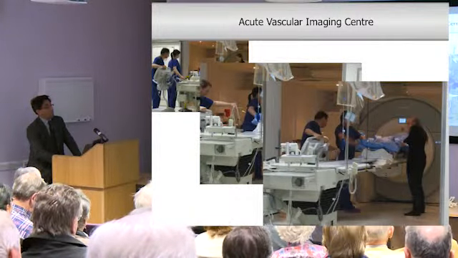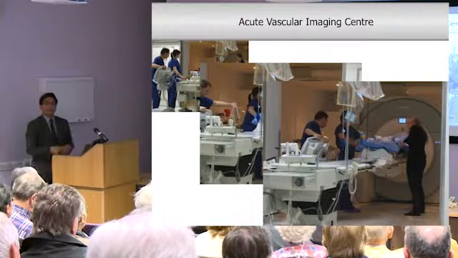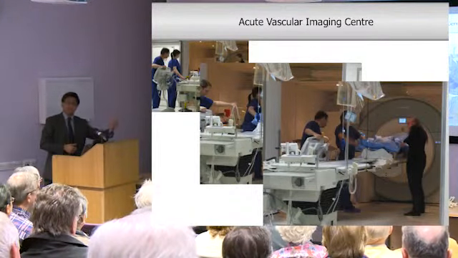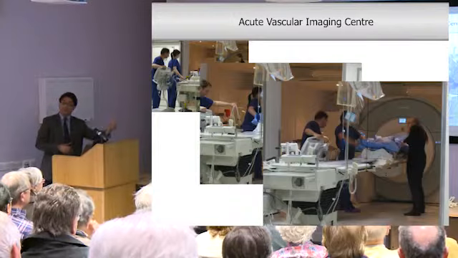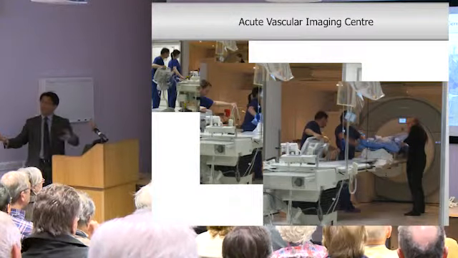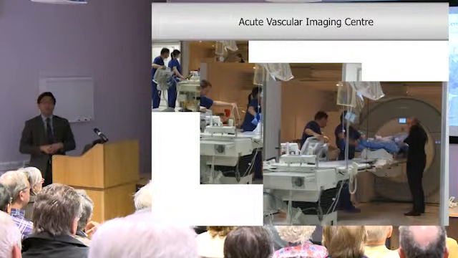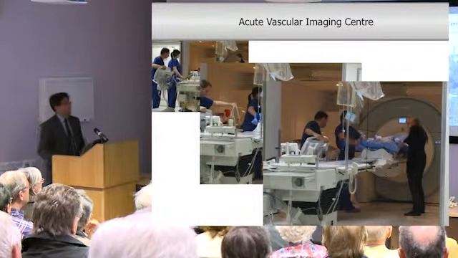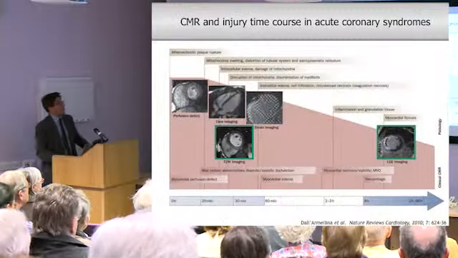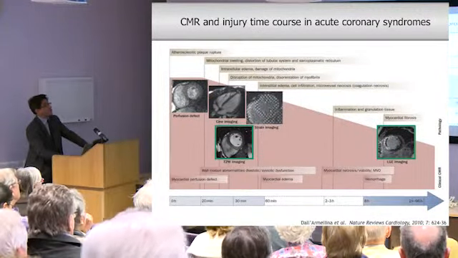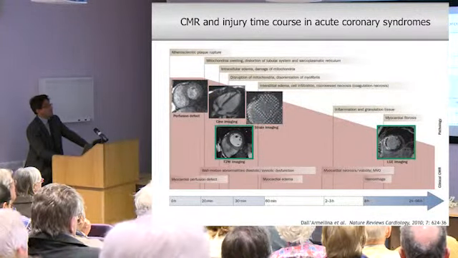And the benefit of that is that we can characterize both the upstream, what's going on in the artery in the cath lab, and the downstream, what's going on in the heart muscle in the MRI scanner. And we can flick between the two, so we can really learn a lot in the early phases about what's going on.